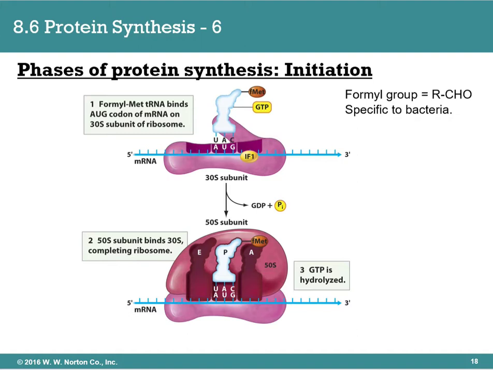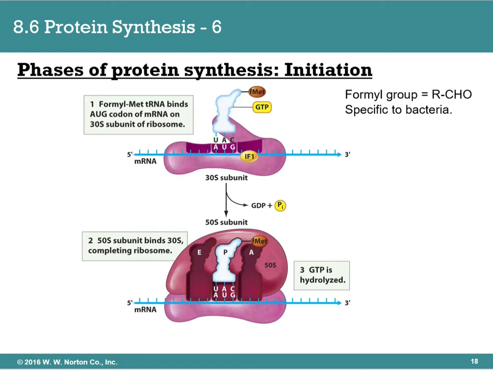Whenever that happens, the 30S subunit will get the sign of the start codon, so the AUG, and then that will trigger the 50S subunit to come in and bind to the other subunit. Okay? So if you don't have a start codon, then the ribosome itself cannot become a completed complex. So it has to happen.